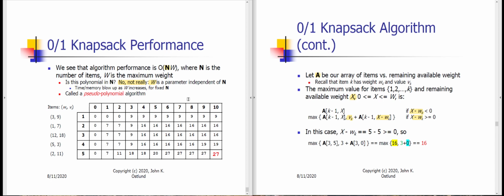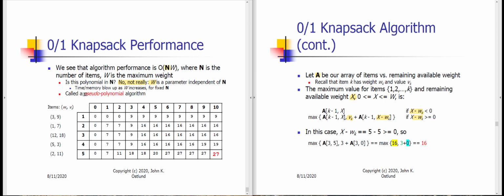We can imagine as we get more and more granular with our weight resolutions, that even if n is some fixed value like 100, we could still have this algorithm blow up if w gets to be some huge number, like 1 million or whatever. This can become, well, I won't say unsolvable, but this problem can become too big to solve on your laptop, let's say, regardless of the value of n.